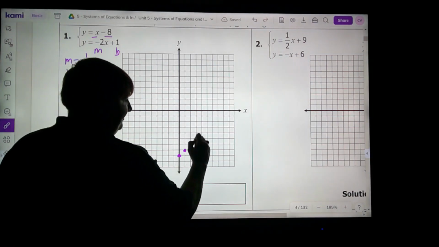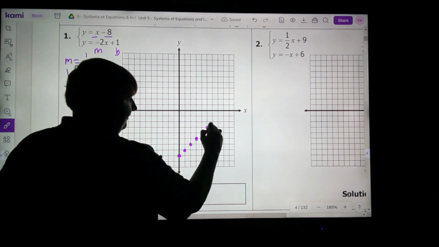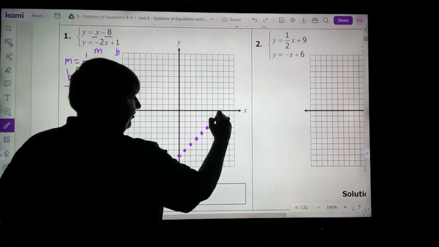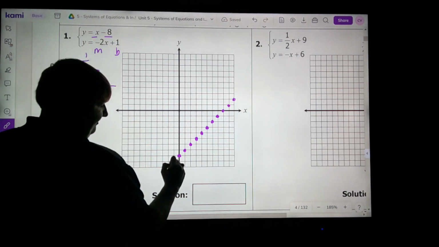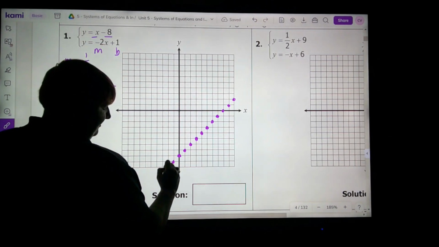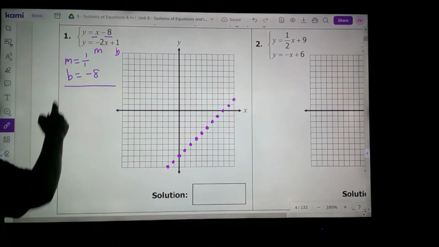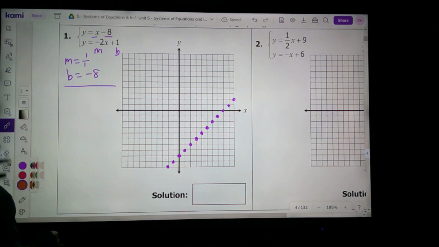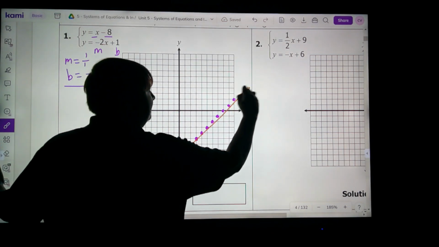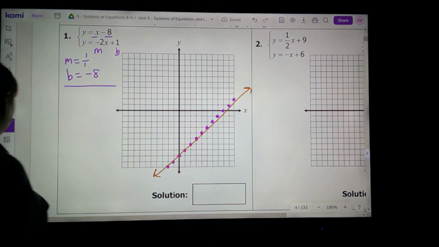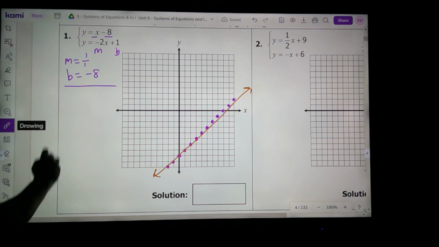So up and right, graph as many points as you can. Down and left, right? That's my first line. I'm going to draw my attempted straight line. That's not bad.